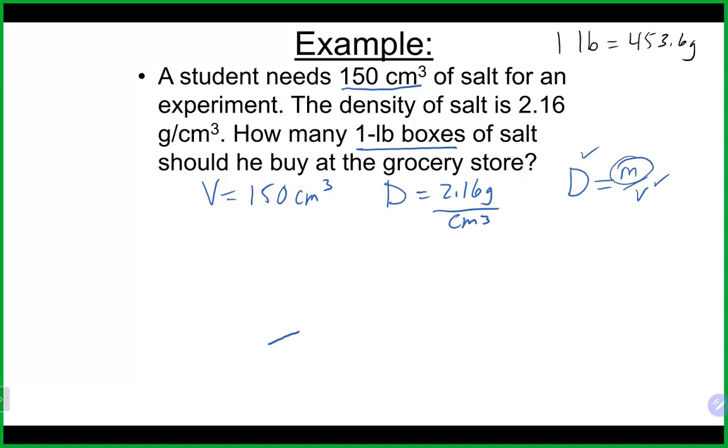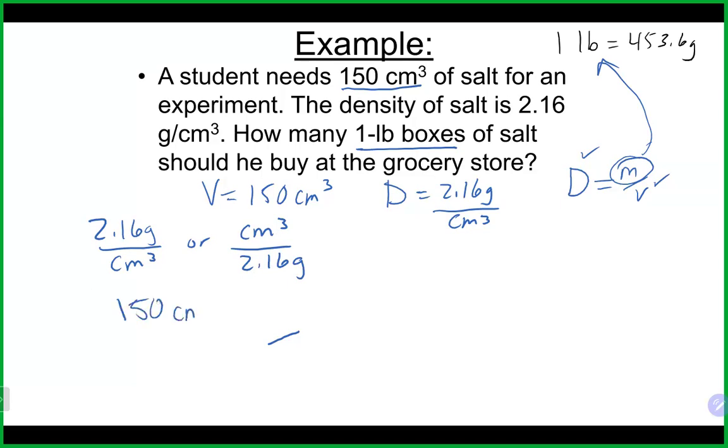Once you get the mass, which would be grams, you could then determine how many pounds you might need in terms of boxes. So one thing we can do, if we are given the density, is use the density as a conversion factor. In this particular problem, we can take a dimensional analysis approach and start with our 150 cubic centimeters.